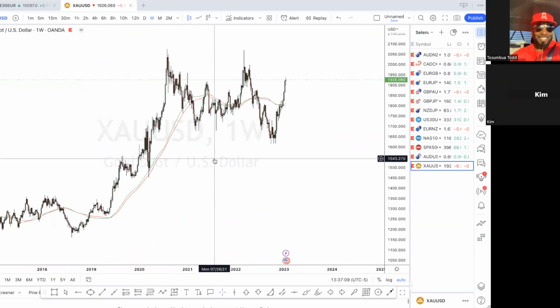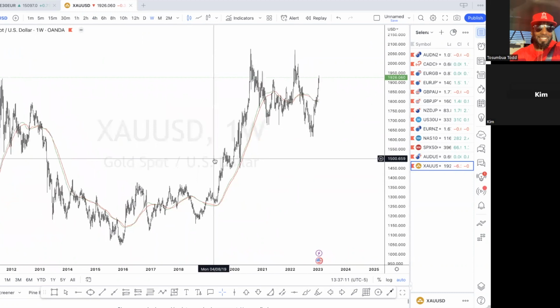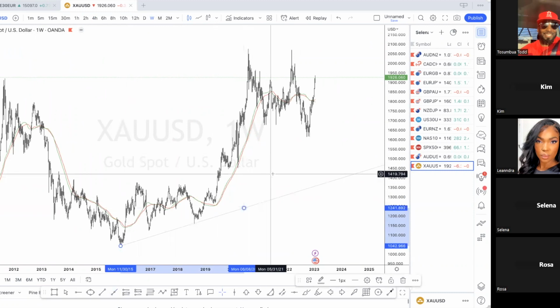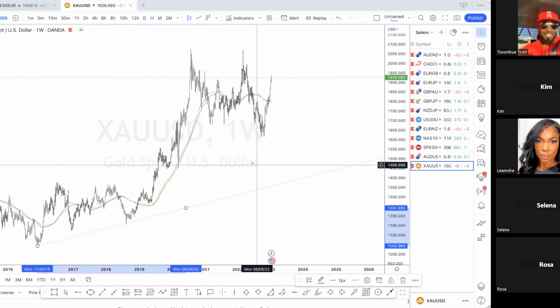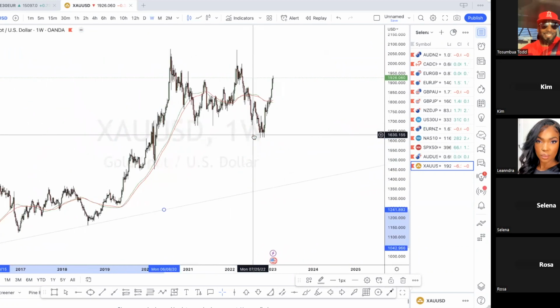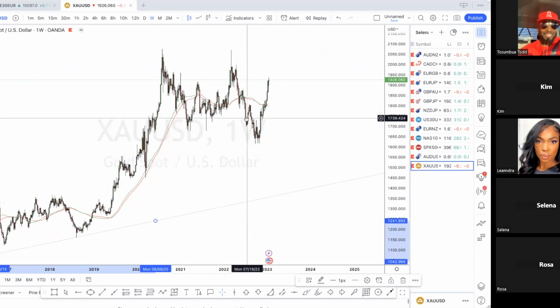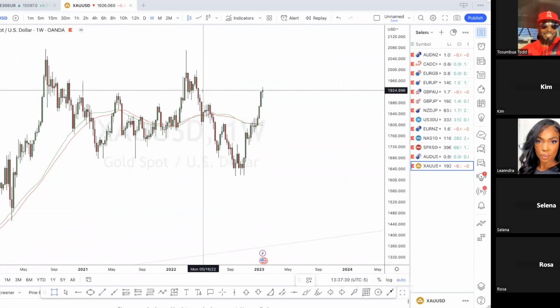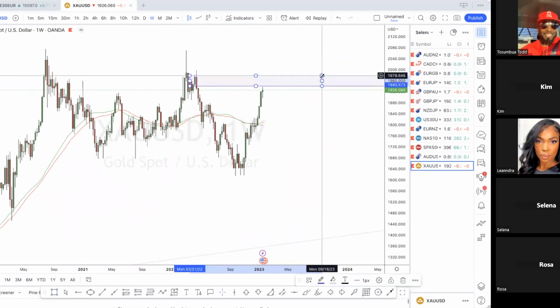Is pushing back to, let's see. Broke the lows. I would say price is pulling back to this area of supply for a possible sell back down.